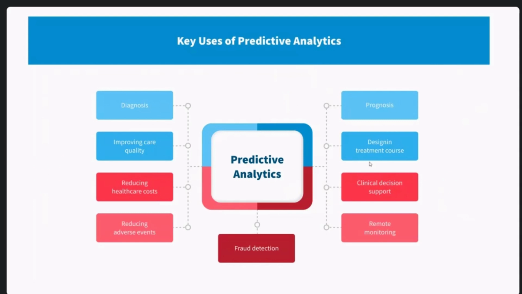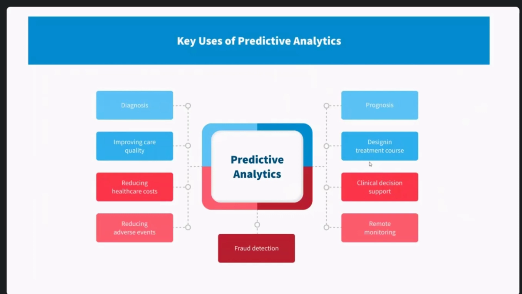Now, in predictive analytics, based on whatever results you get, the business houses will get help for better diagnosis, improving the cost, improving the stock, detecting fraud, and monitoring through remote sensing.